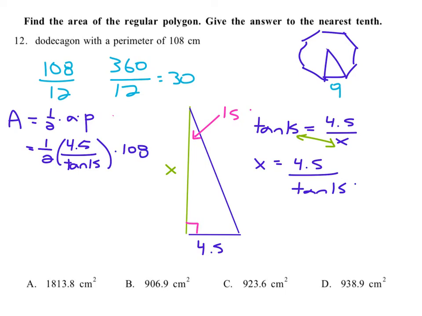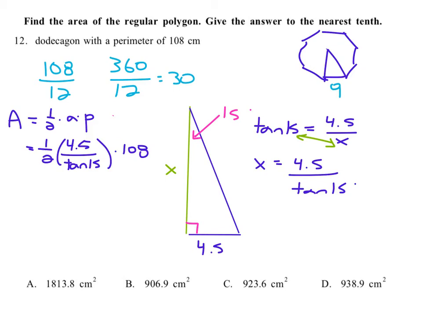Okay, so let's do it. Let's calculate all this out. We do 1/2 times 108 is 54 times 4.5 divided by tangent of 15.